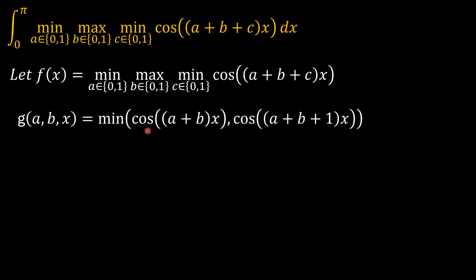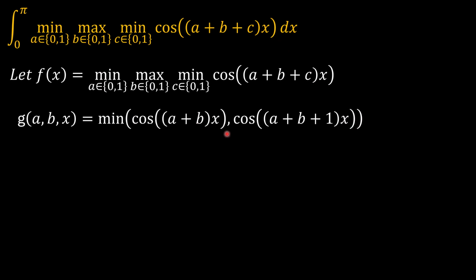So g(a, b, x) is the minimum of cosine of (a plus bx) when c is 0, and cosine of (a plus b plus 1) times x when c is 1.